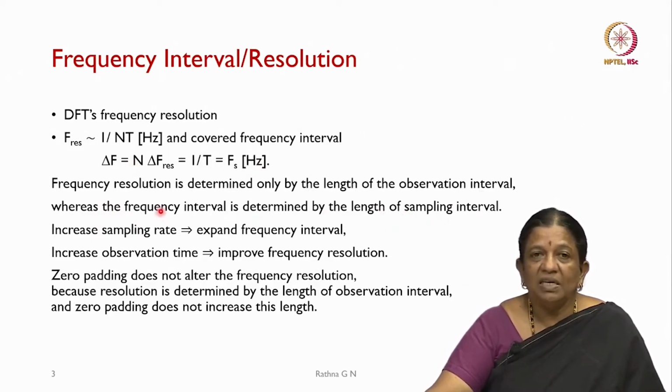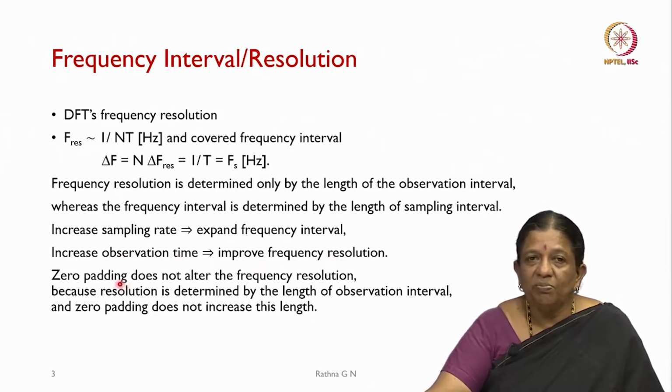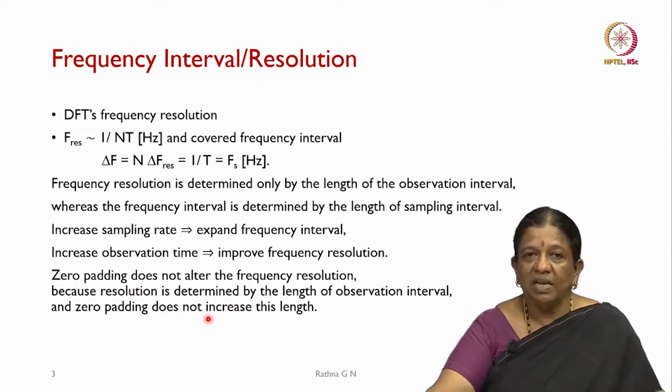So, increasing the sampling rate expands the frequency interval, and increasing the observation time helps improve the frequency resolution. Zero padding does not alter the frequency resolution, because resolution is determined by the length of the observation interval, that is whatever N we have chosen, and zero padding does not increase this length.